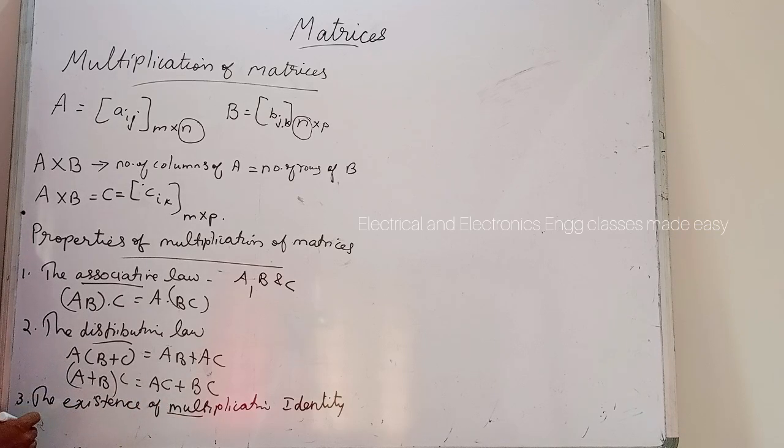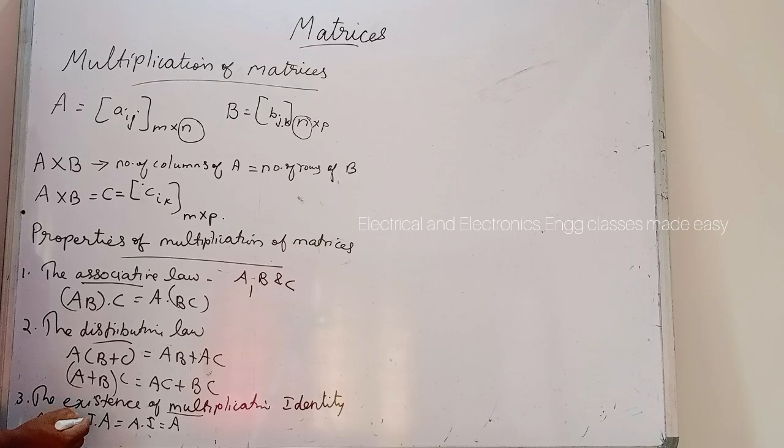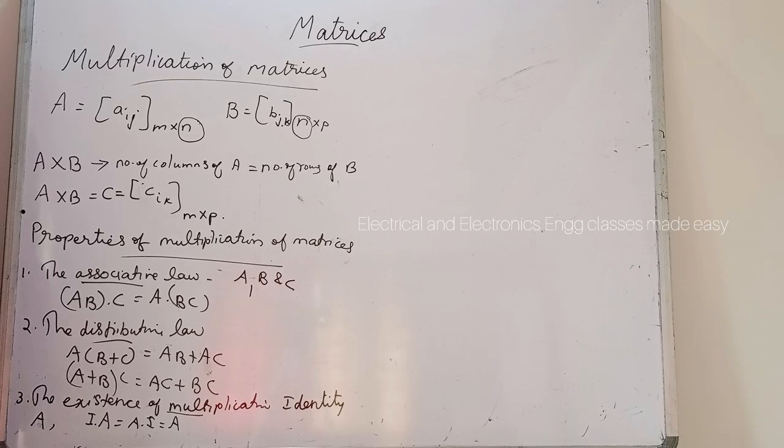So for every square matrix A, there exists an identity matrix of the same order such that identity matrix I into A is equal to A into I is equal to A. So here this I is the identity matrix of the same order as the square matrix A. So these are the properties of multiplication of matrices.